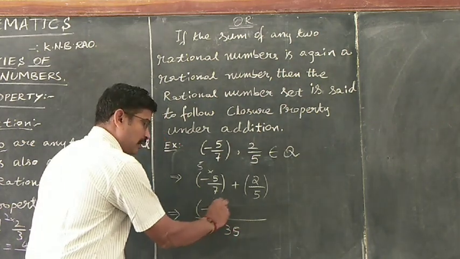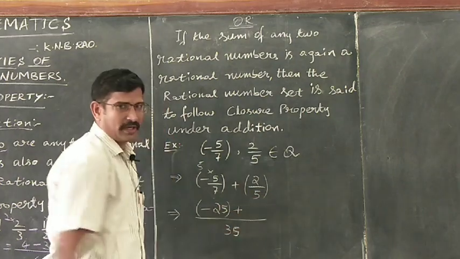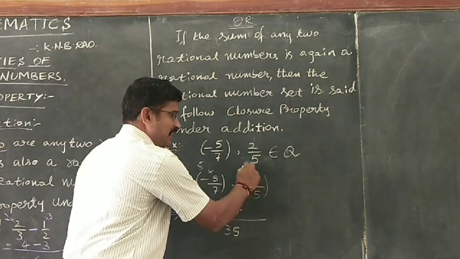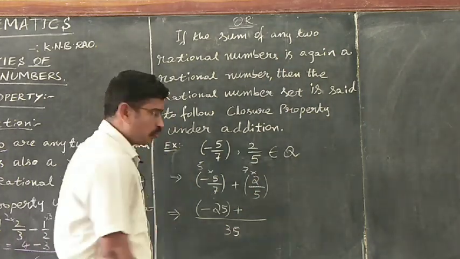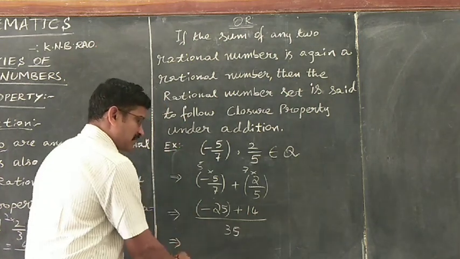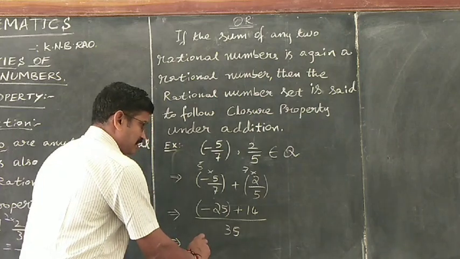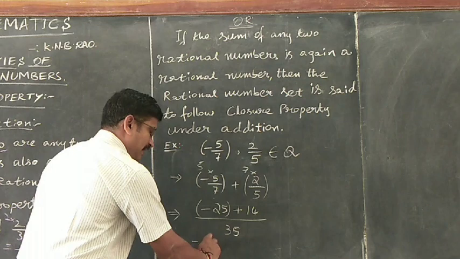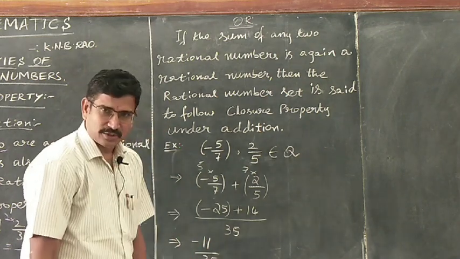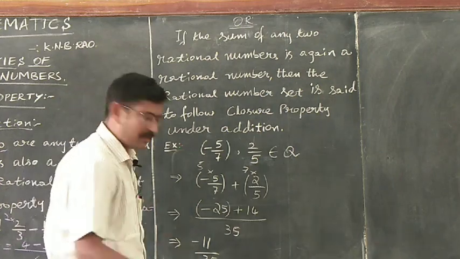Since it is a negative number, we put it within brackets. Since the operation is addition, we take the plus sign. 5 in 35 goes 7 times, that 7 multiplies to the numerator 2, 7 twos are 14, and we got at last minus 25 plus 14 giving us minus 11 upon 35. Is this again a rational number or not? Obviously, it is a rational number. You know the definition of a rational number.